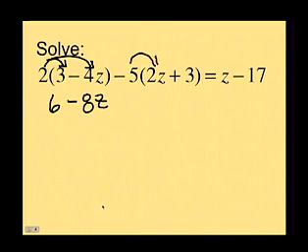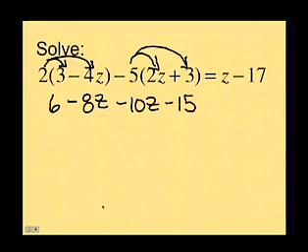Then we want to distribute this negative 5. Negative 5 times 2z gives me negative 10z. Negative 5 times 3 gives me negative 15. And on the right-hand side, we still have our z minus 17.